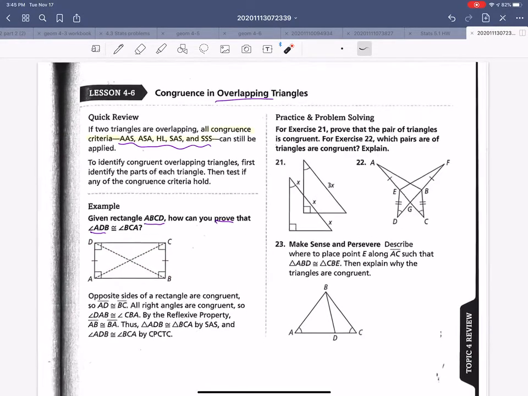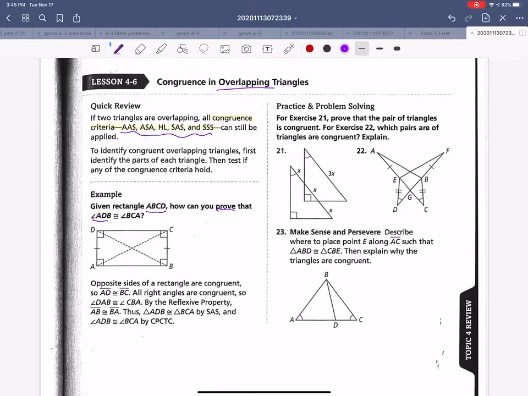Well, you just go through step by step. So in a proof, we know that it's a rectangle, so opposite sides of a rectangle are congruent, and so I can kind of see this triangle, right? And I can see this triangle. And moved it over there. All right, so we know these sides are congruent. We know they share a right angle, right?